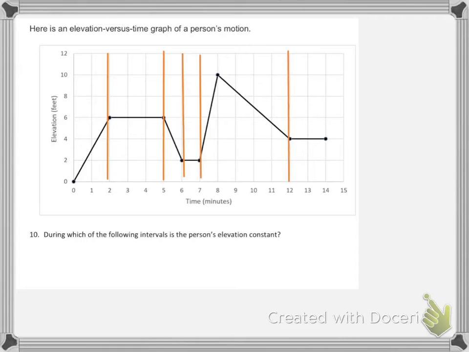And from 12 seconds to 14 seconds, the elevation stays at 4 feet. So the answer is from 2 to 5 seconds, from 6 to 7 seconds, and from 12 to 14 seconds. And that is the answer to number 10.